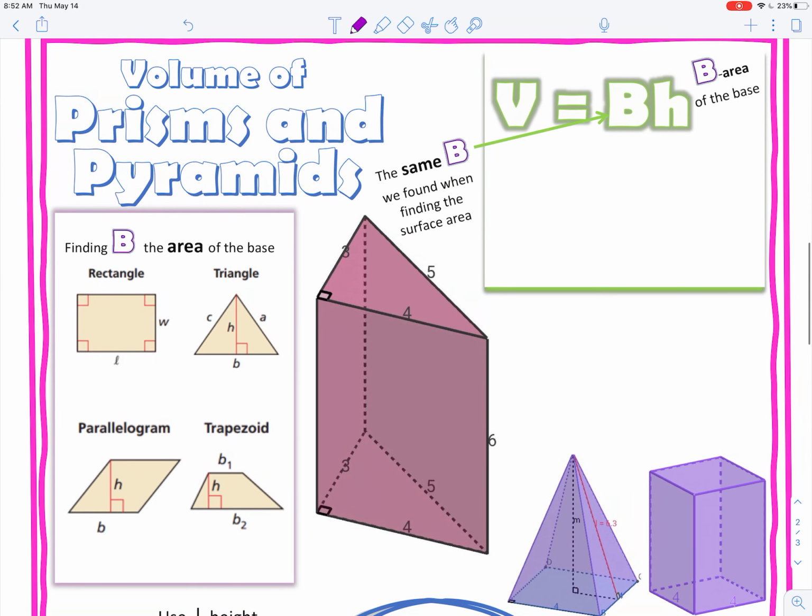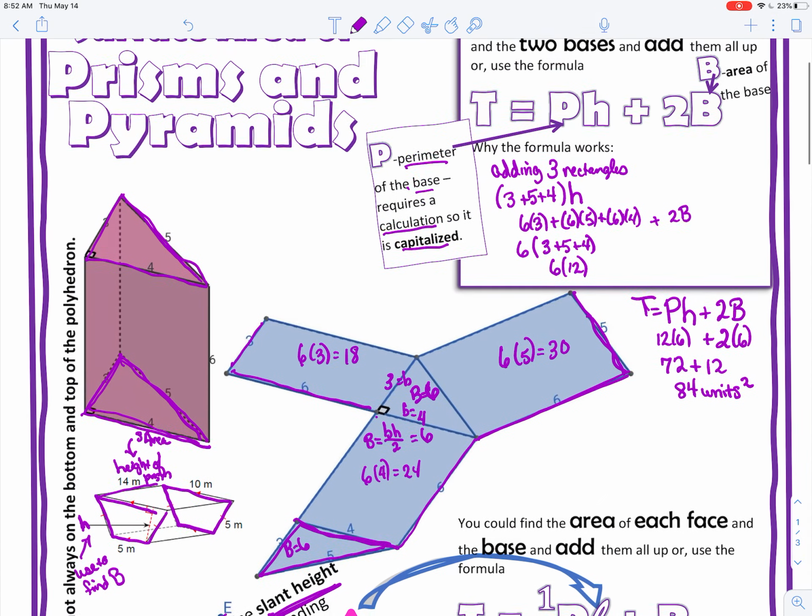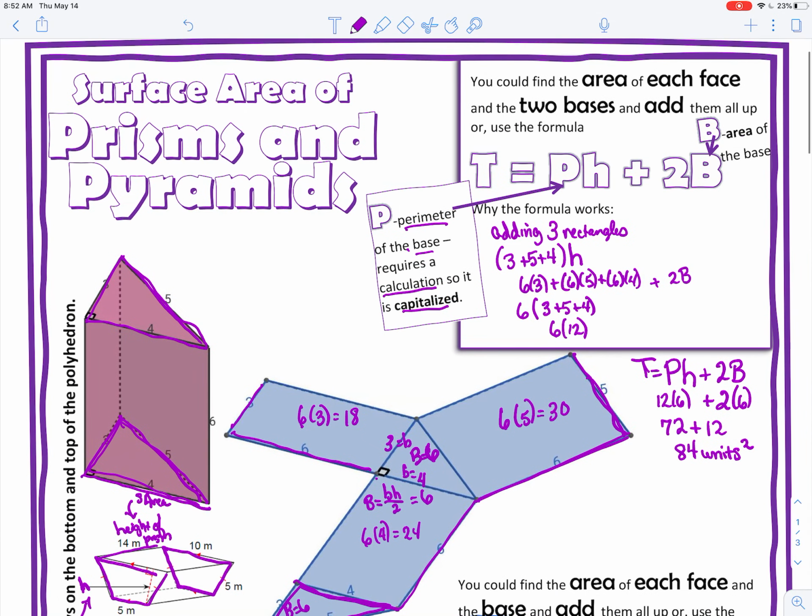So let's talk about finding the volume of a prism and a pyramid. When we want to find the volume of a prism, we use the formula V equals capital B times H. And again, capital B means we're calculating an area. It's the same base that we found when we found the surface area. So we could go back and find that capital B. This is the same problem, same prism.